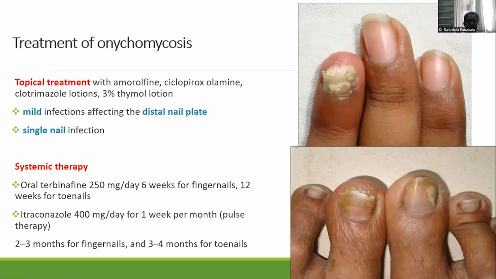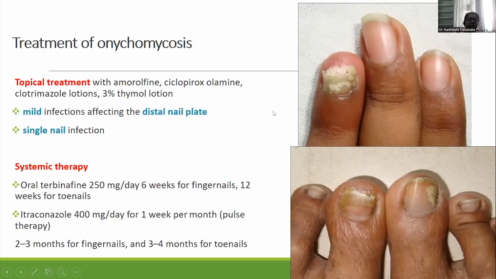Then 3 weeks, no drugs. Again, another 1 week, 3 weeks off, another 1 week. So you have to give either 3 pulses or 4 pulses. So if you decide on systemic therapy, you have to give all these. If not, don't start systemic, use topical.